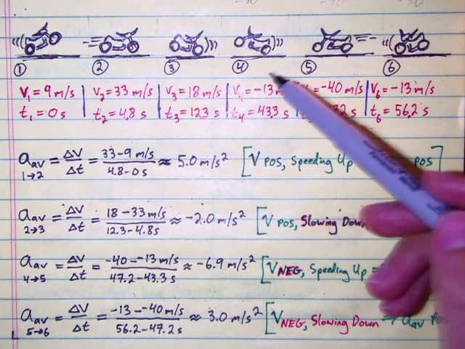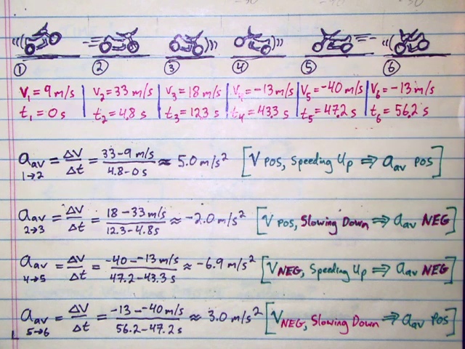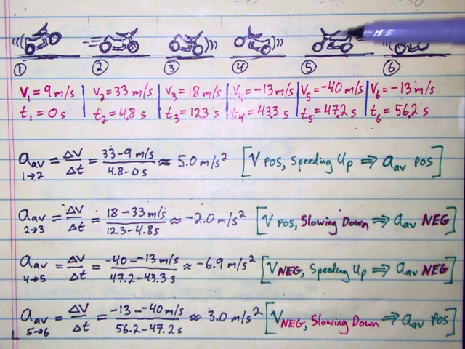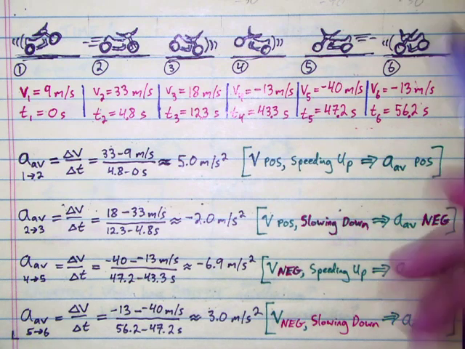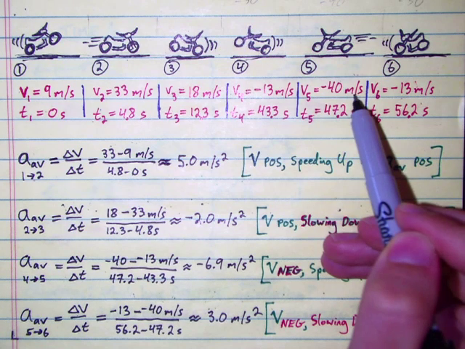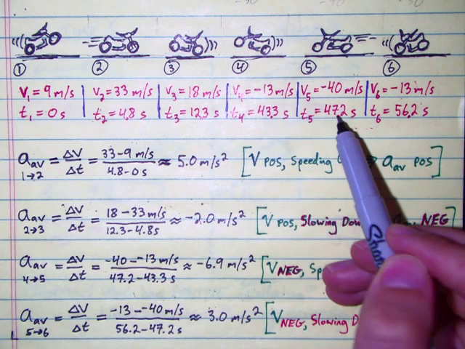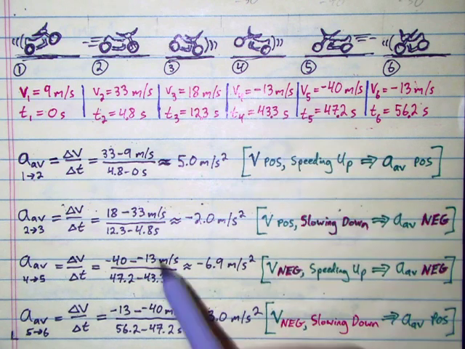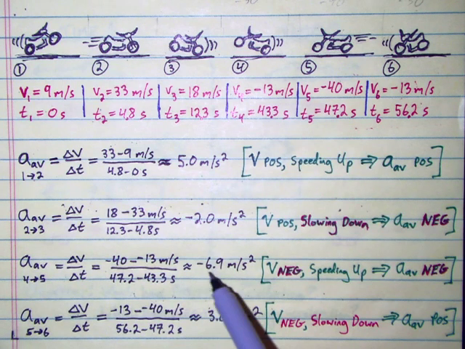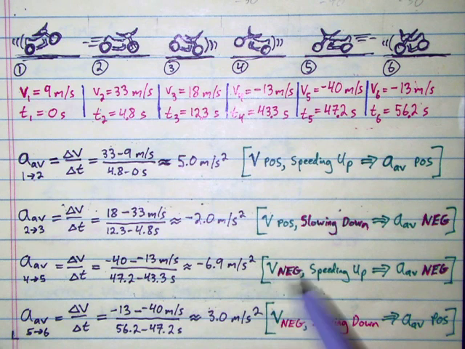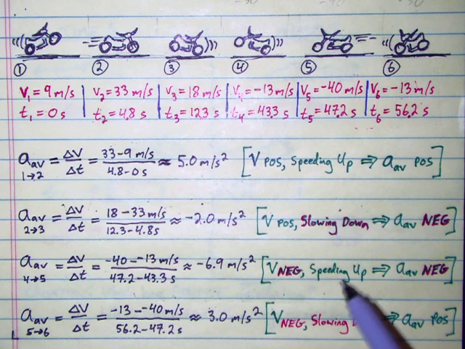Between events 4 and 5, he was moving slowly in the negative direction. Then by event 5 he was moving very quickly in the negative x direction. So final velocity, negative 40, minus initial velocity, negative 13 meters per second, over final time minus initial time, gives us a negative 6.9 meters per second squared. His velocity was negative the whole time, but he was speeding up.